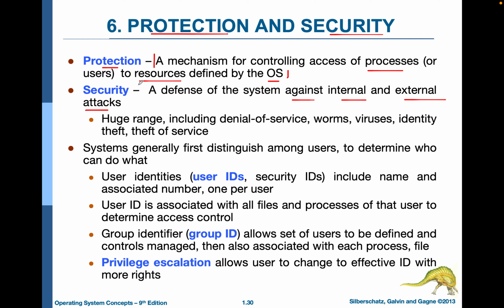And then in terms of security, it can be huge in range, including denial of service. I think this one is really familiar to all of you. Mine also, when I was a student, we always needed antivirus.